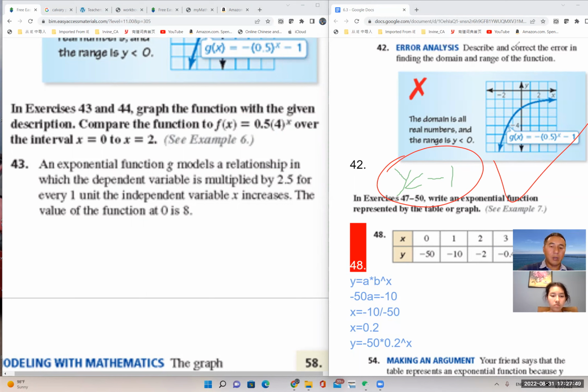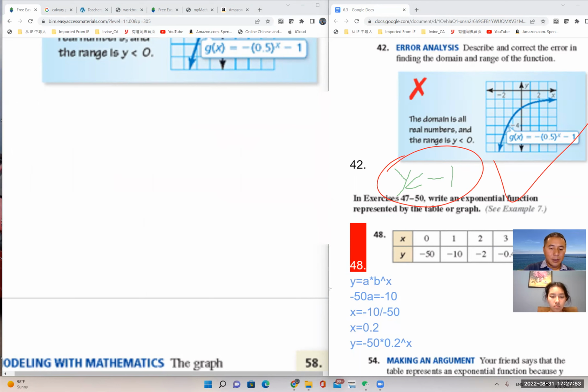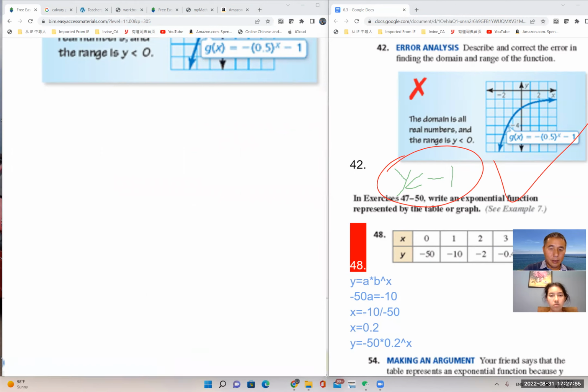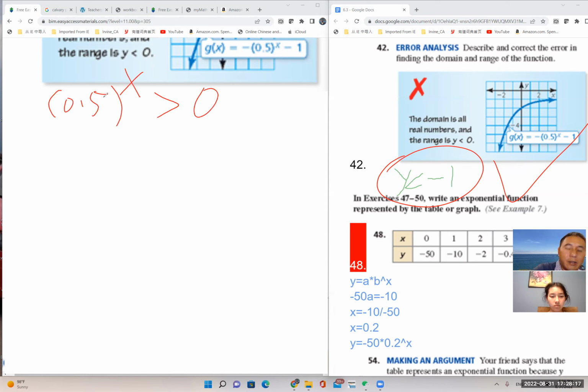But maybe you don't know it so exactly. So the basic thing is this. First, you should know 0.5^x. This is an exponential function, right? So it's greater than 0.